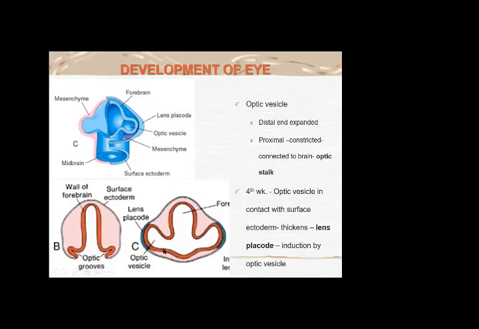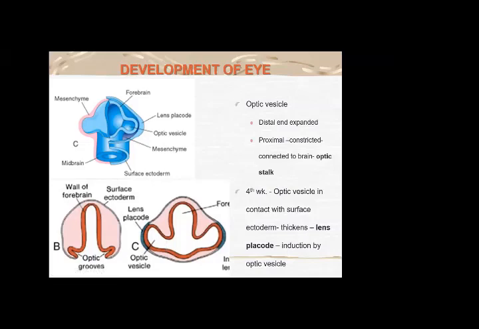So this distal part is called the optic vesicle, and this narrower part is called the optic stalk. Because the distal part is the optic vesicle, this narrower part, with which the optic vesicle is attached to the forebrain, elongates and becomes what is called the optic stalk.